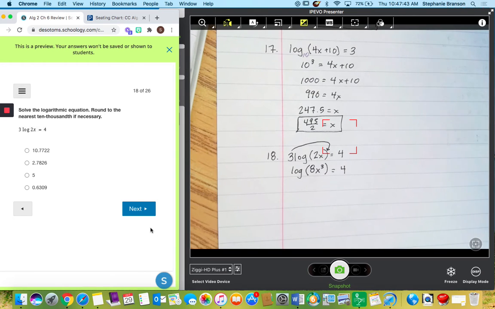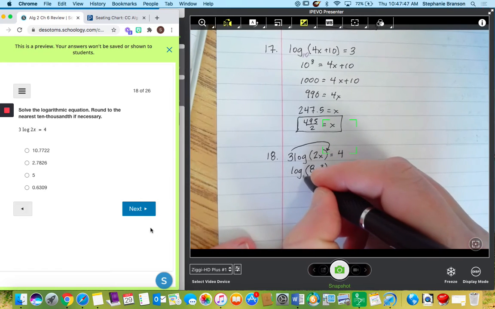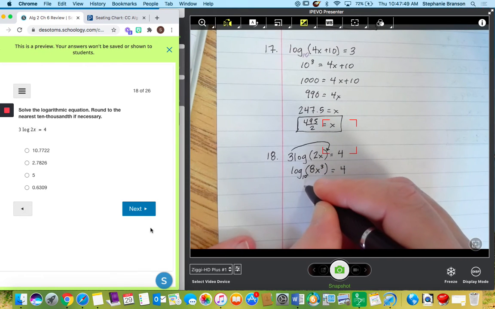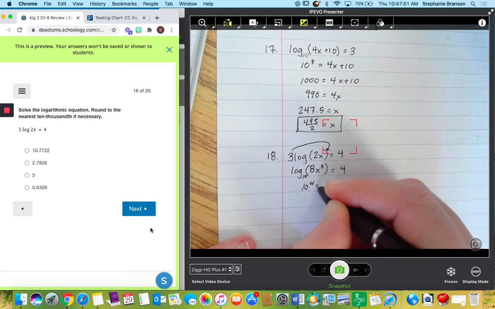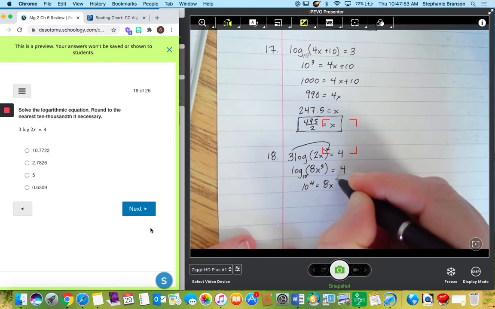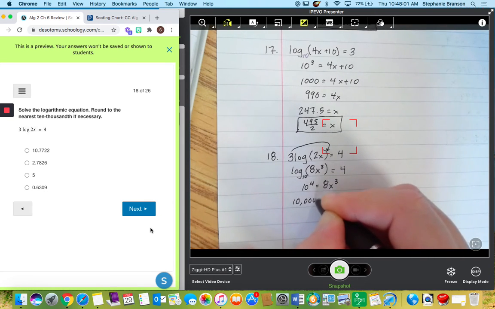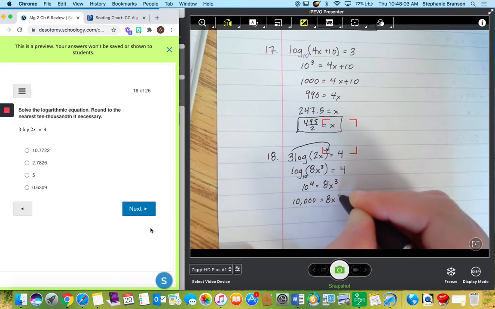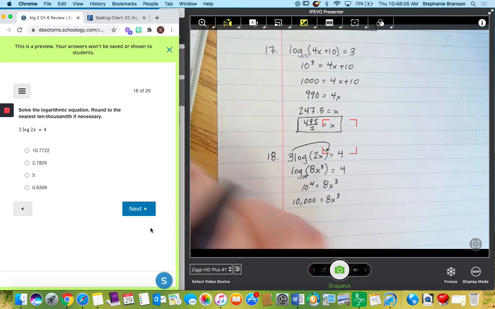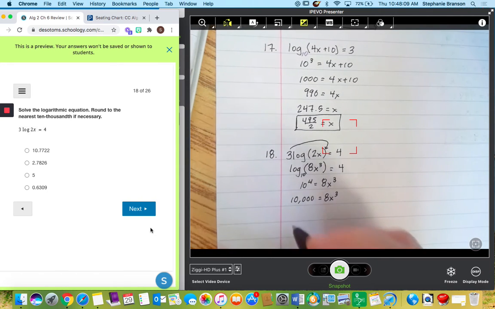So again, we're going to do just like we've done in 17 and 16. We're going to say this is base 10. 10 to the fourth is equal to 8x cubed. Ten raised to the fourth is 10,000, is equal to 8x cubed. Divide by 8.